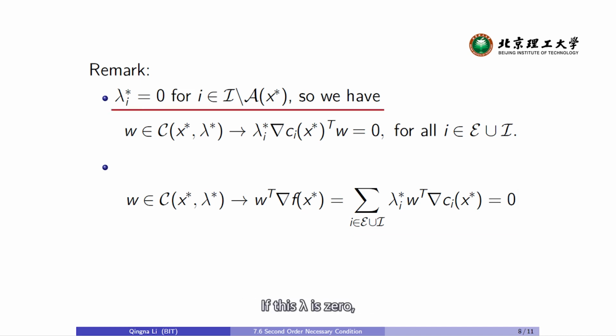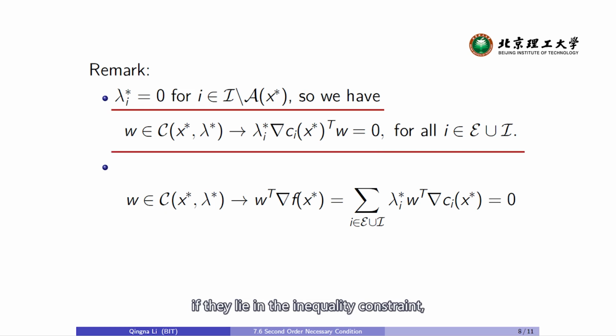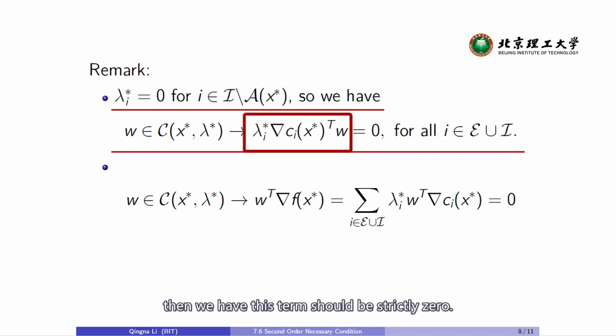If this lambda is 0, as we mentioned before, for the inactive set, so these are inactive inequality constraints. In this case, for this lambda, if they lie in the inequality constraints, then we have this term should be strictly 0, because lambda i is 0.